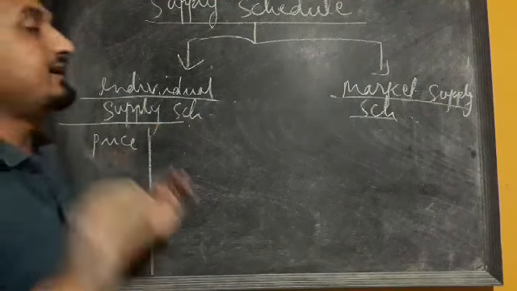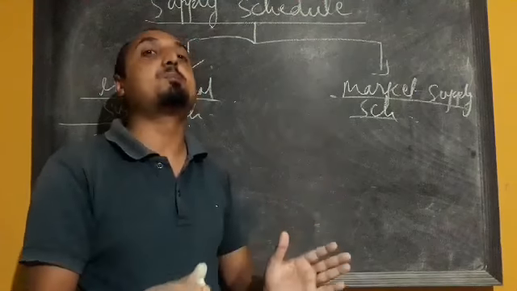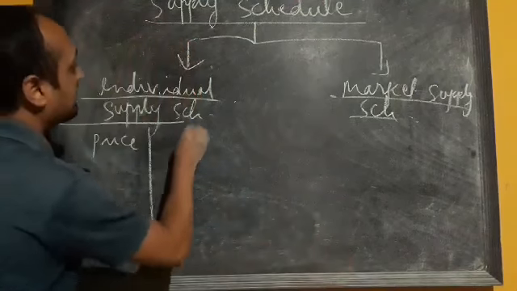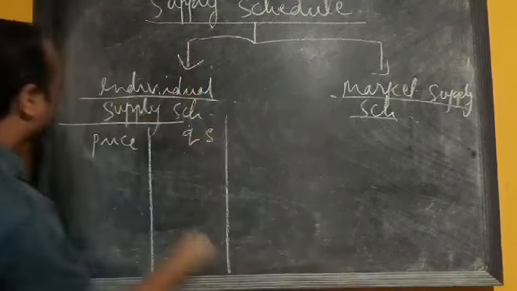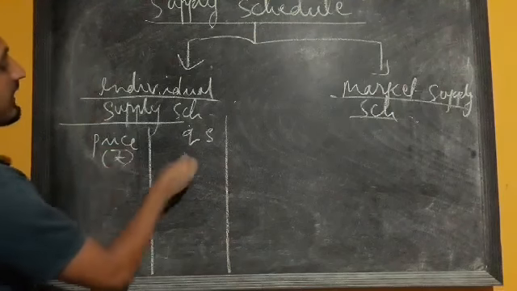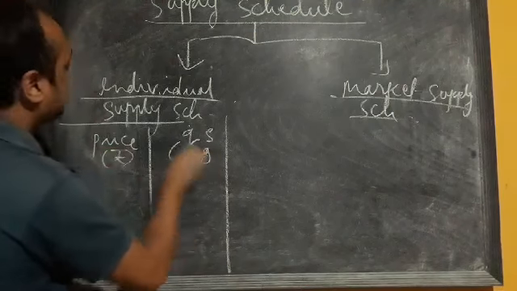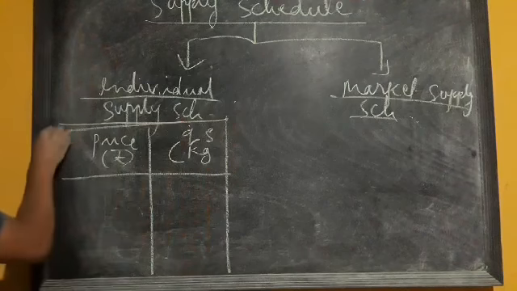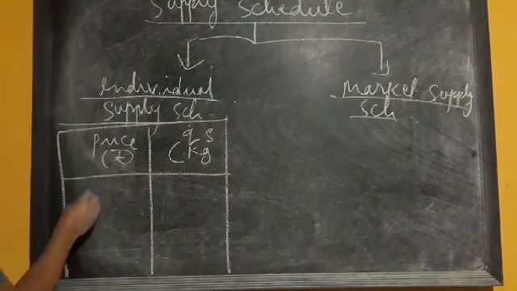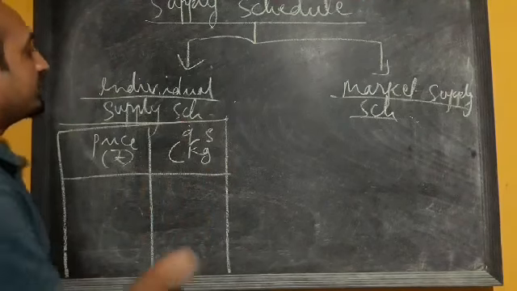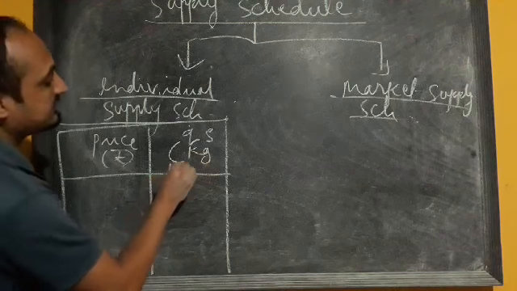As we have mentioned, individual supply schedule is a tabular representation of price and quantity supplied. Suppose price is measured in rupees and quantity supplied in kg. Suppose the commodity is rice.